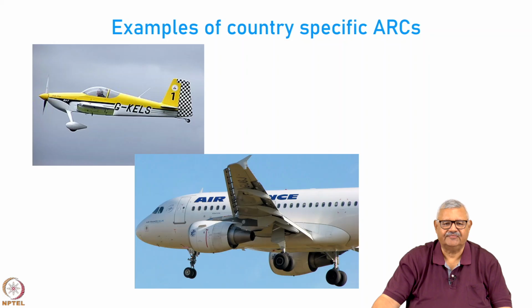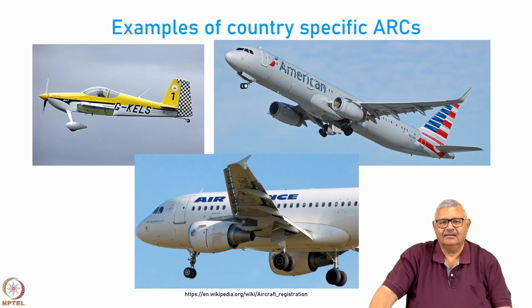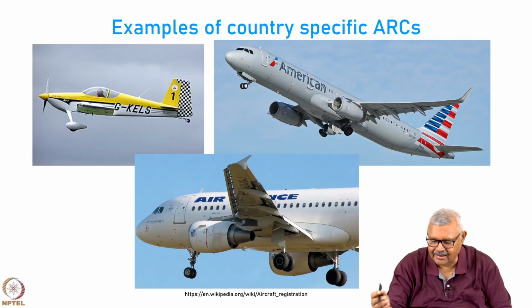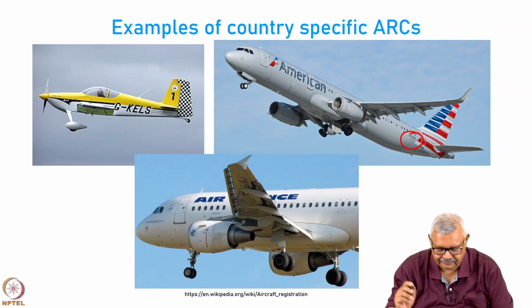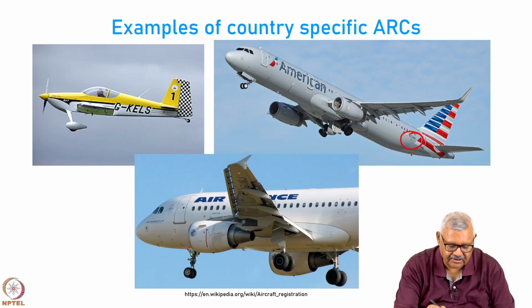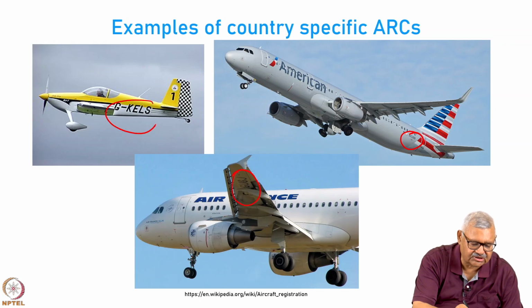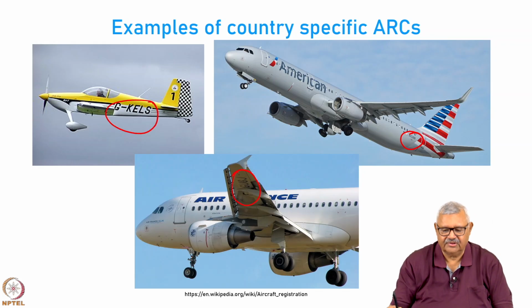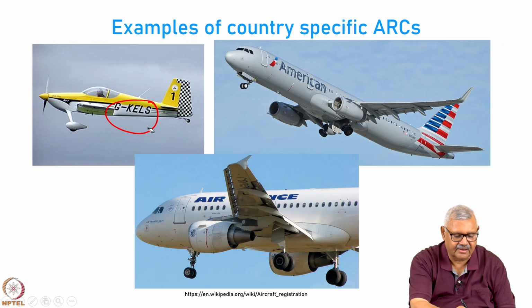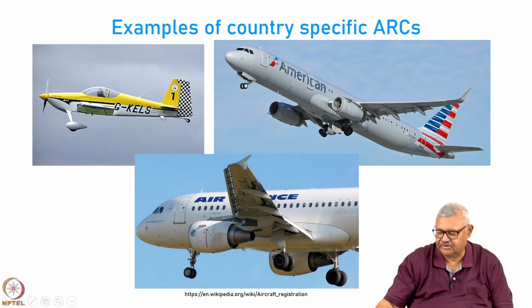So, the F stands for France, and all aircraft which are registered in the US start with the letter N. So, the letter N can be seen somewhere here. Here we can see F-GUGJ, and there you can see G-KELS. So, this indicates the country of origin of these aircraft. By origin, I mean the country of registration.